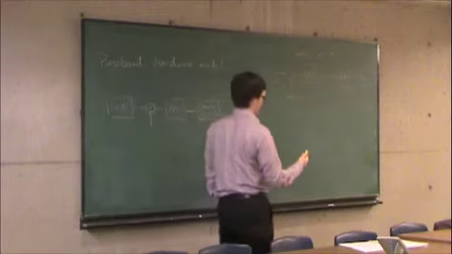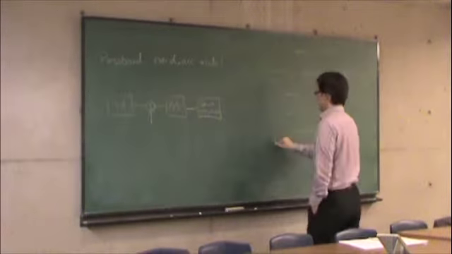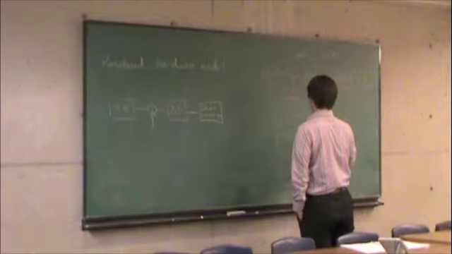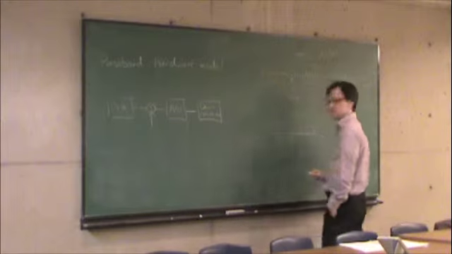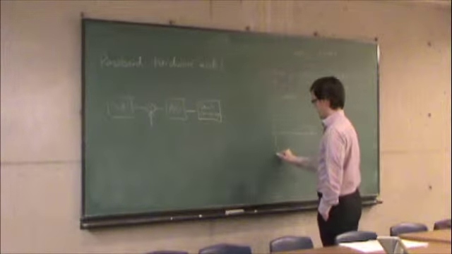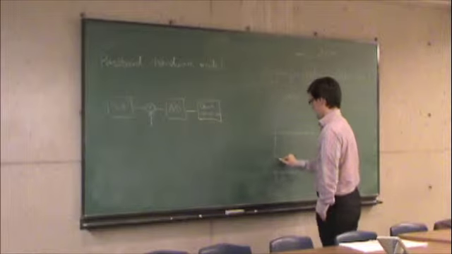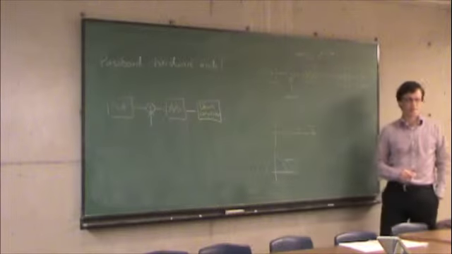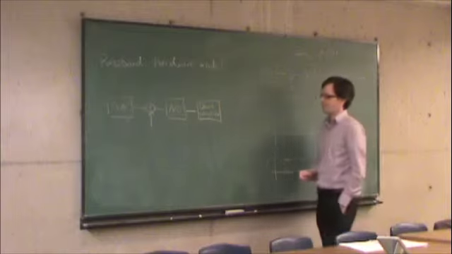Basically what down conversion does is it takes my signal, which is located up here in the frequency domain, centered on FC, and shifts it down the frequency domain so that it's down at baseband.